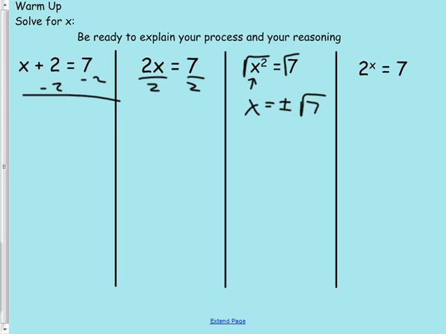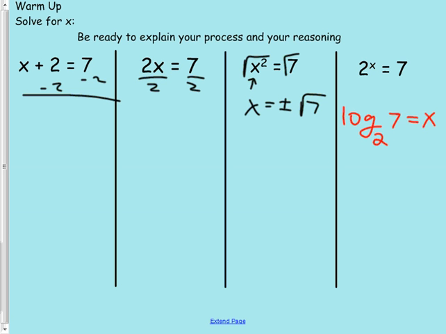Okay, over to here. 2 to the what is 7? We figured it out. X is about 2.801 or whatever. Then, how did we get that? What did we do to both sides? What we did is rewrote it as a log. And I'll tell you what it is, and you won't understand it yet, but log base 2 of 7 is what x is.